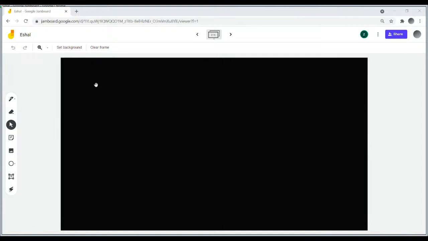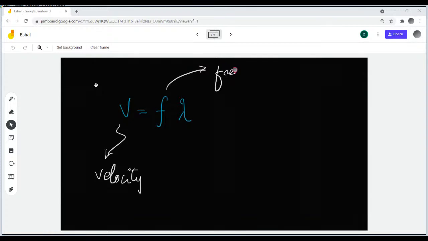Wave equation mein we write velocity of a wave is equal to v is equal to f lambda, where v is velocity, f is frequency, and lambda is wavelength.